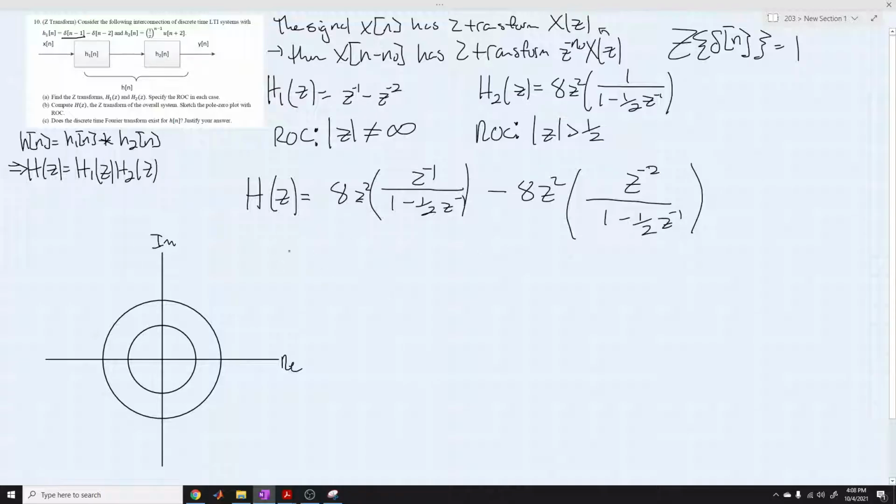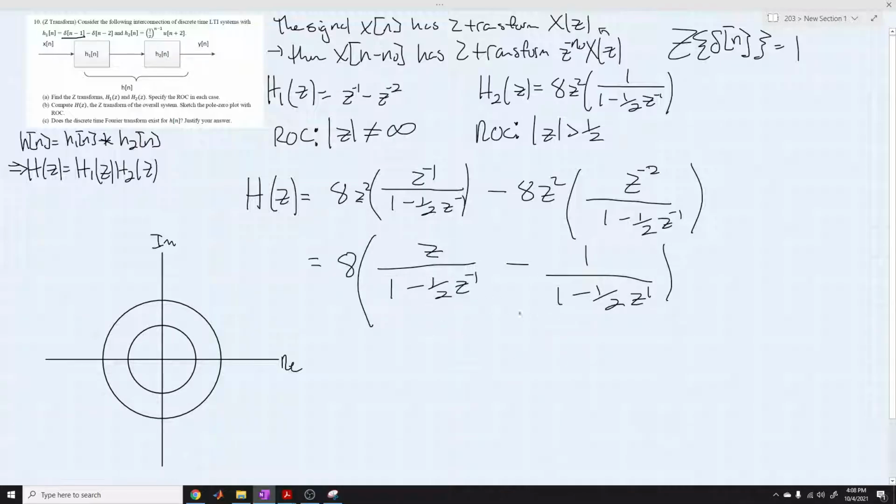And if we do a little bit of algebra here, what will we get? Let's keep this 8 way out here. We'll have z over 1 minus 1/2 z to the negative 1, minus 1 all over 1 minus 1/2 z to the negative 1.